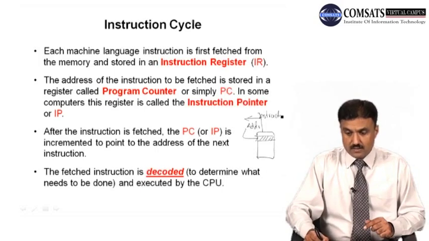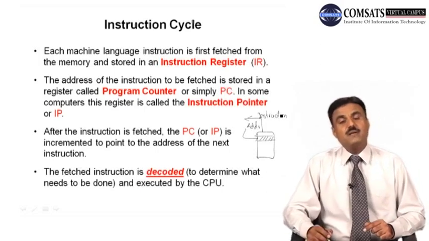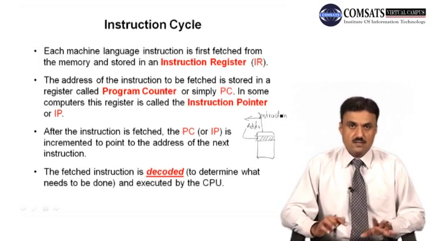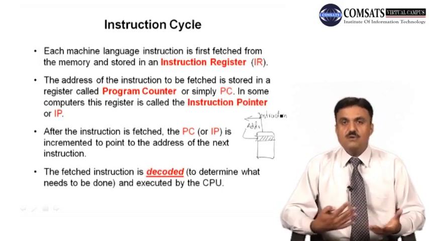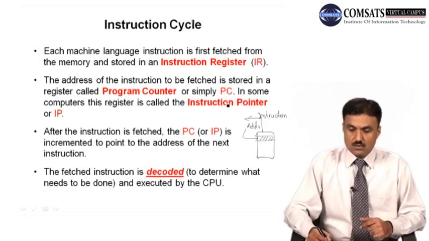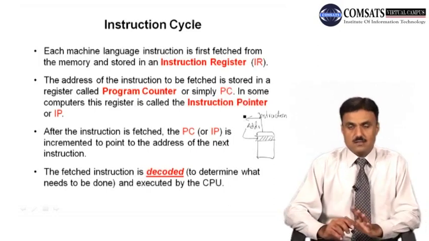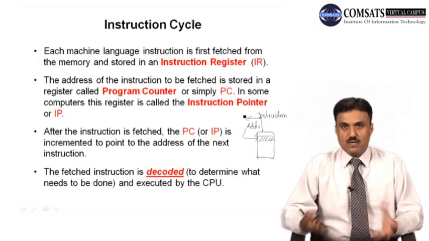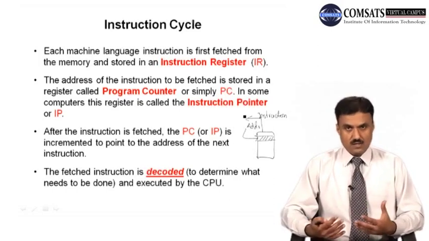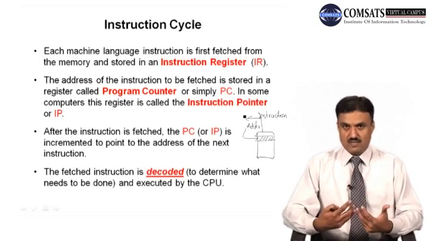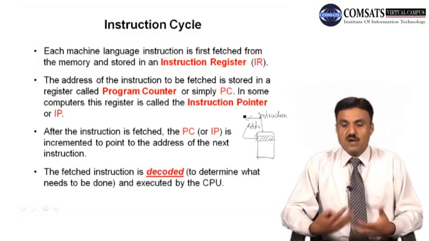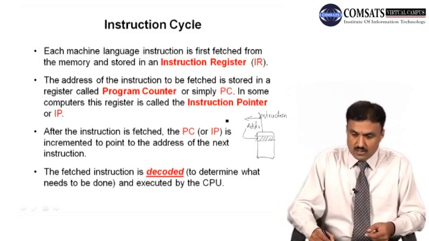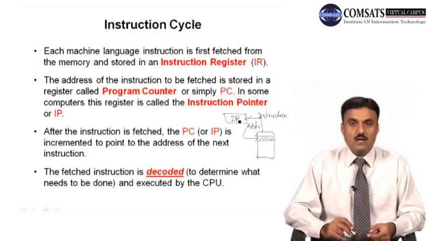It depends whether we fetch the complete instruction or part of it; initially we fetch the opcode. We are not going to specify what we fetch first, but initially we fetch the instruction. Simply, we fetch the instruction and move it to the instruction register, or simply IR.